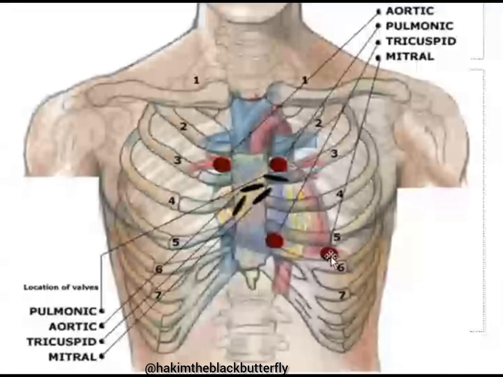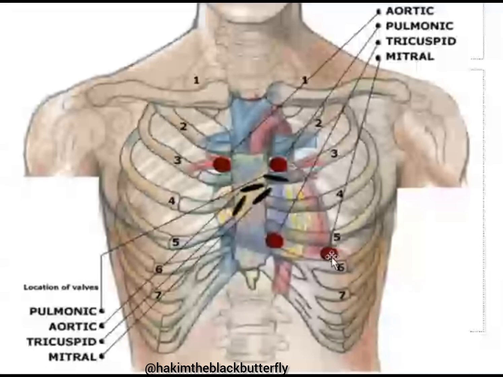These are the regions below which you have the valves, and these are the positions where you can listen to the valve sounds from. And for the apex of the heart, this is the surface landmark.